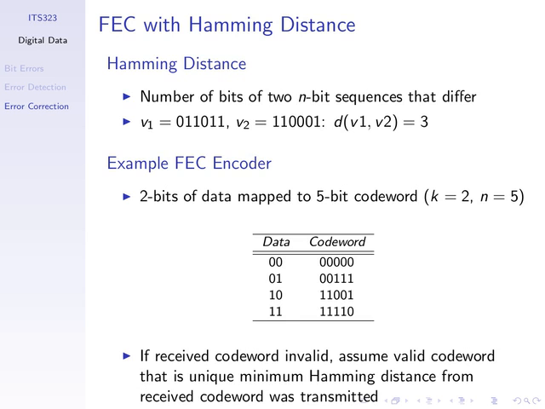I think from memory, the Hamming distances were 3, 2, 2 and 3. Because 2 valid code words were the same distance to the received one, we could not correct. We knew there was an error, but we could not fix it.